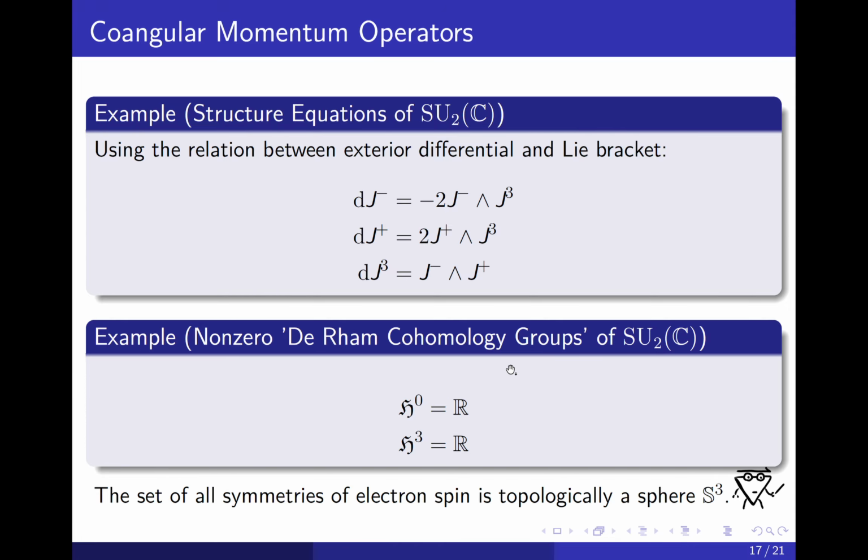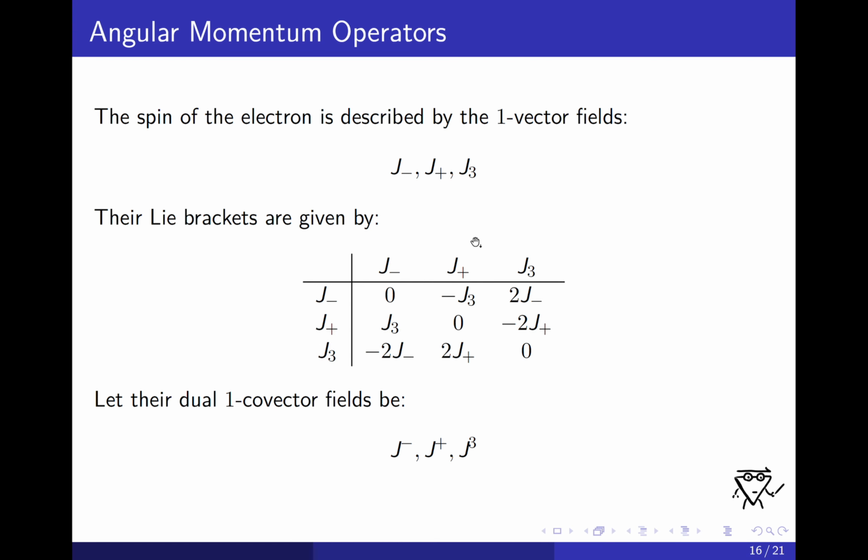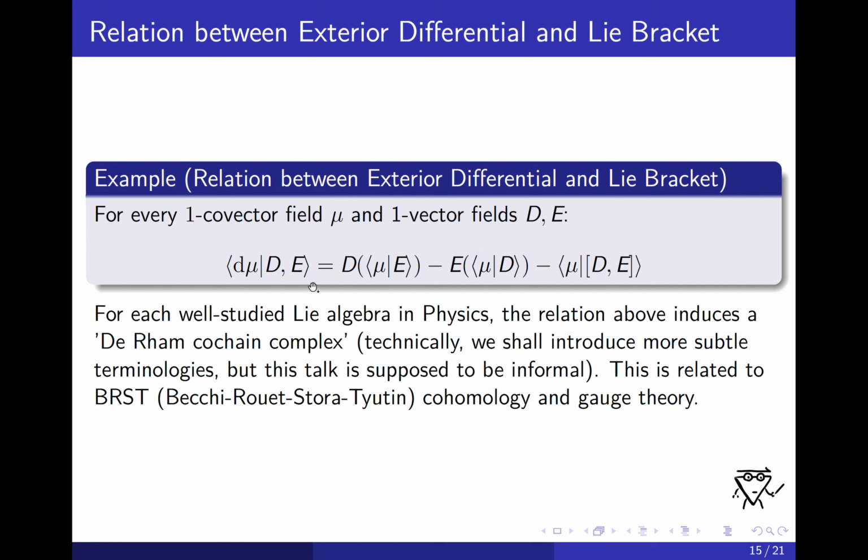So you can deduce the structure equations of SU(2). We explain the details. You take your mu to be J superscript, and you take D and E to be J lower script. So you see that the pairing of mu with D and the pairing of mu with E are both constants, so they are either 0 or 1.